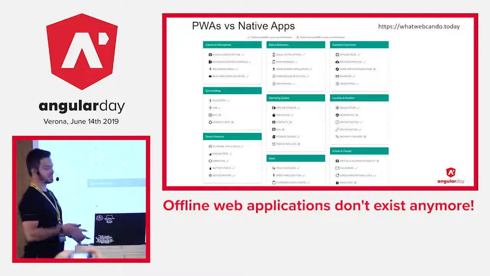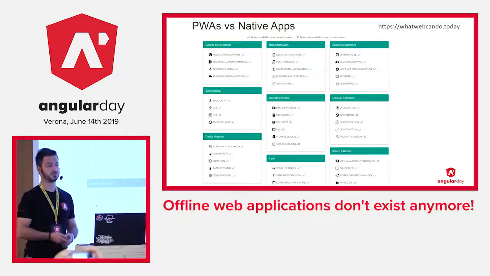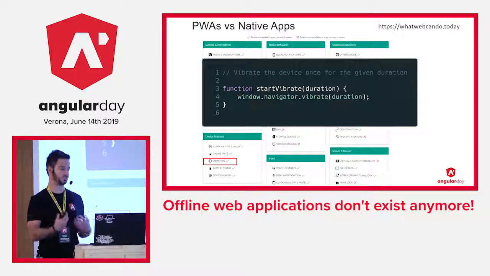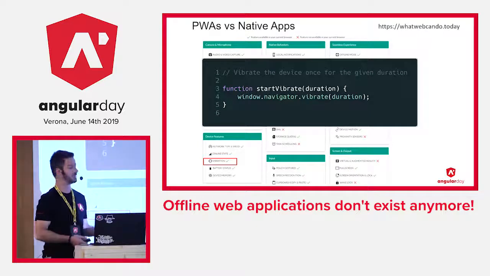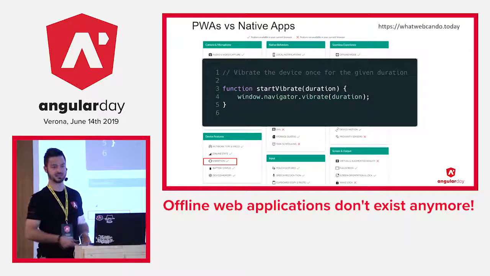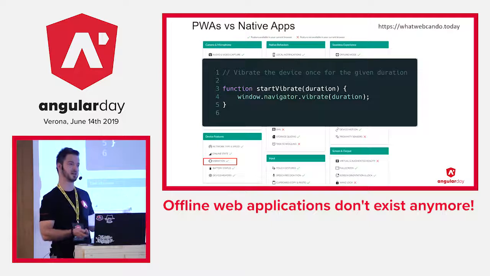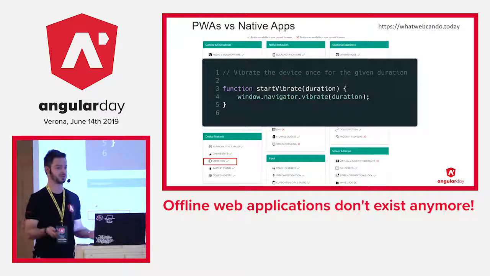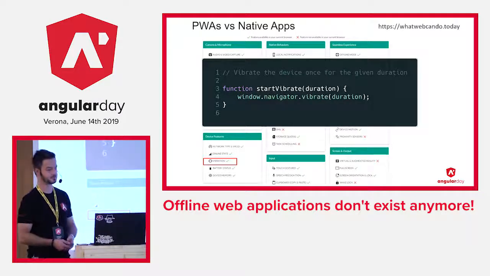But those APIs are really cool, really powerful. For example, with the vibration API, we can interact with the user device just via the browser. By clicking a button, we can decide for how long the user's device should vibrate. And this, just a few years ago, was like dreaming.